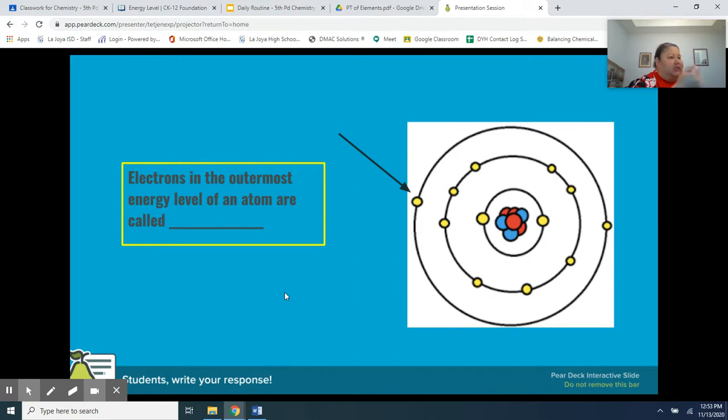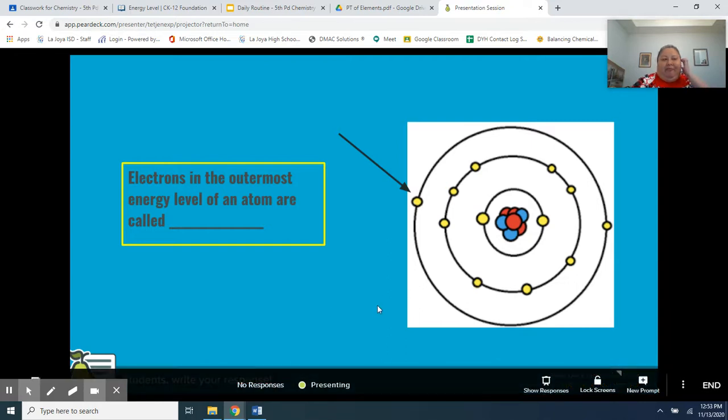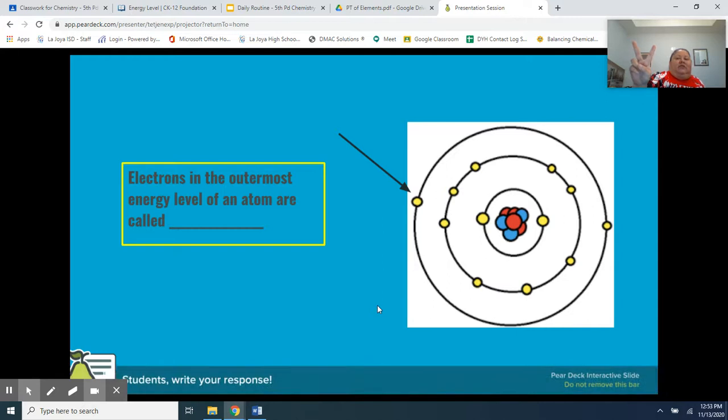Write your response, guys. Starts with the letter V. What is the name of those electrons? We got a special name for them.